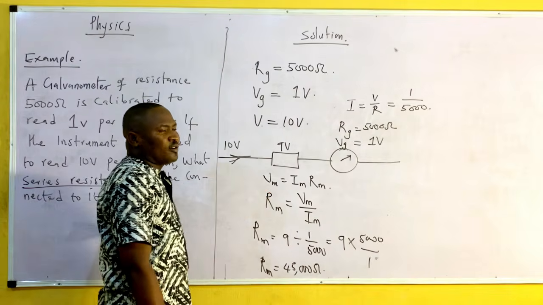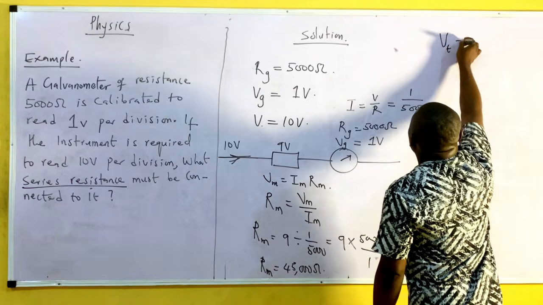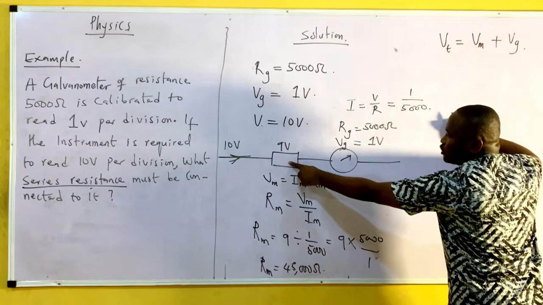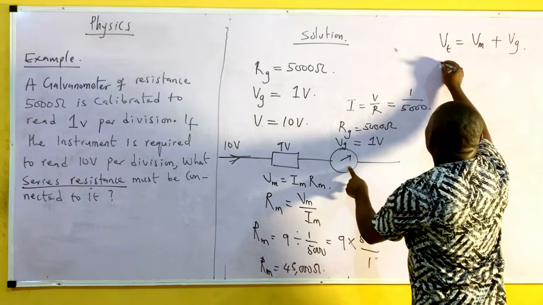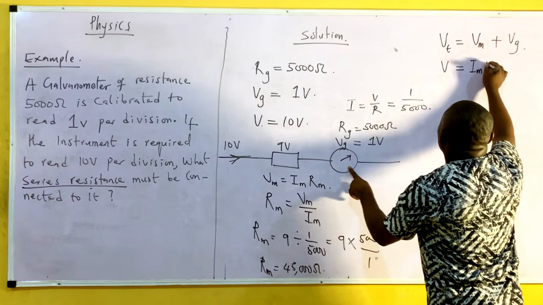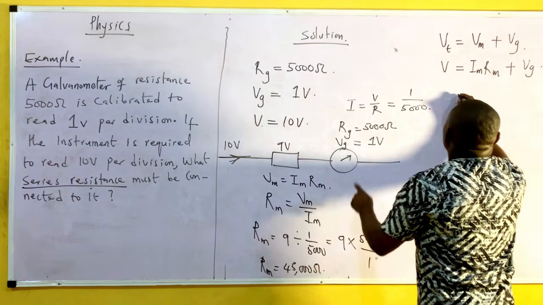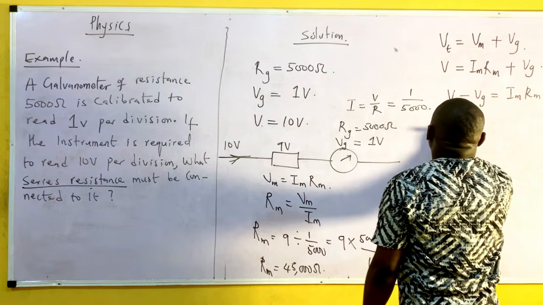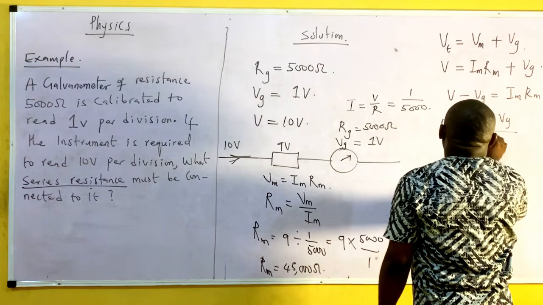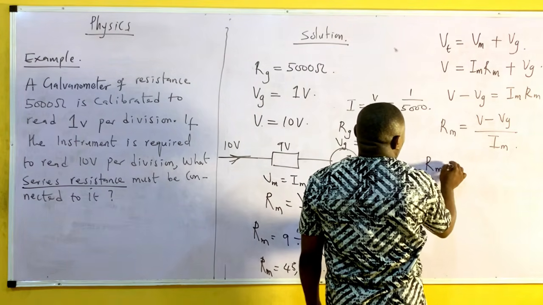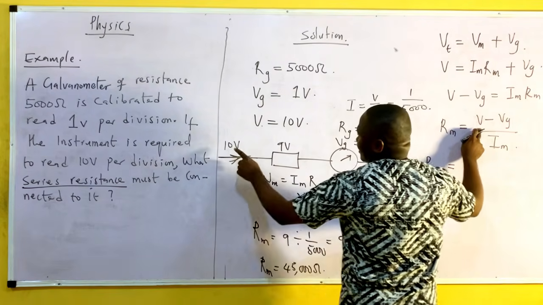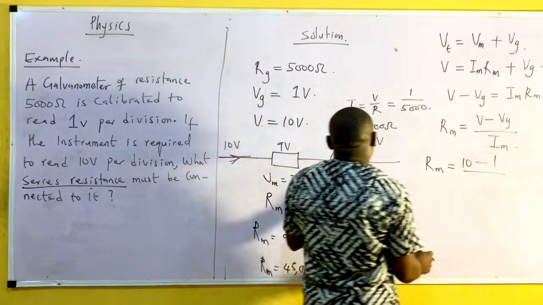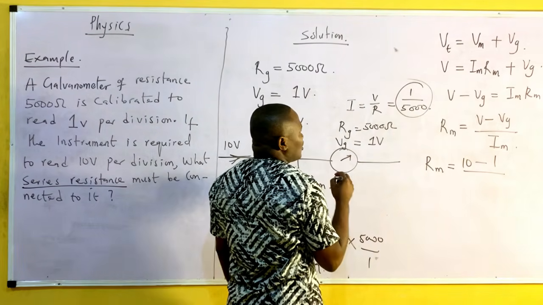If you understand it very well. Another way I solved it: V total is equal to V of the multiplier plus V of the galvanometer. So V total equals I of the multiplier times R of the multiplier plus VG. So V minus VG is equal to Im times Rm. What is now R of the multiplier? It's V minus VG over Im. The total voltage is 10 volts, minus the voltage of the galvanometer, 1 volt, over the current, which we solved as 1 over 5,000.